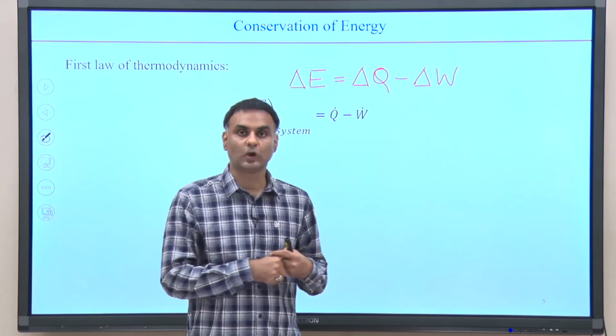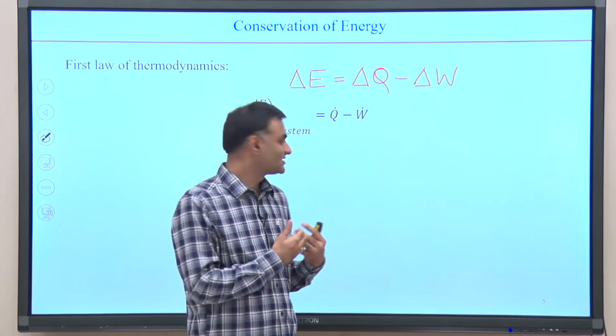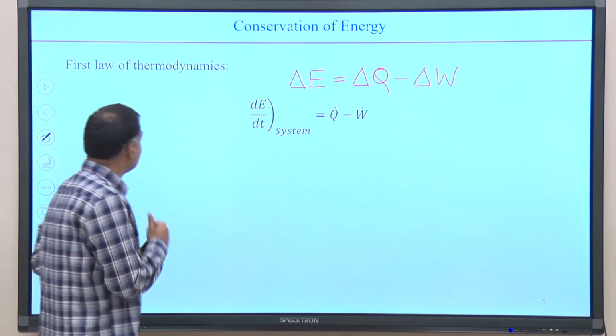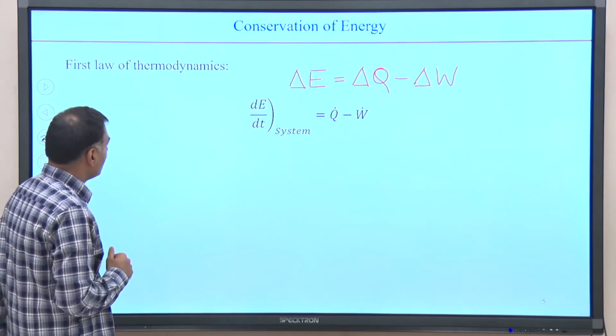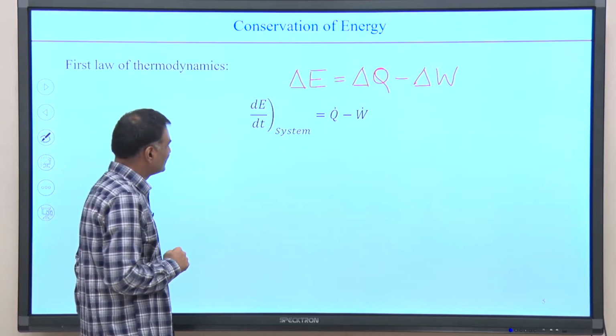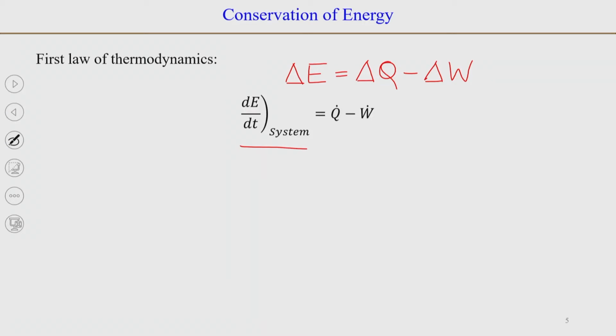So, we will be talking in terms of rates. The conservation of energy will be in terms of rates: dE by dt of the system is equal to Q, the rate of heat input to the system, minus the work done by the system on the surroundings.